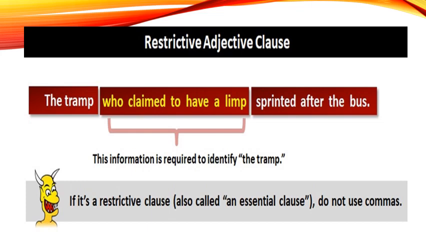And that's why this is an essential part of the sentence. And that's why it is a restrictive adjective clause. In turn, we don't need to surround it by two commas.